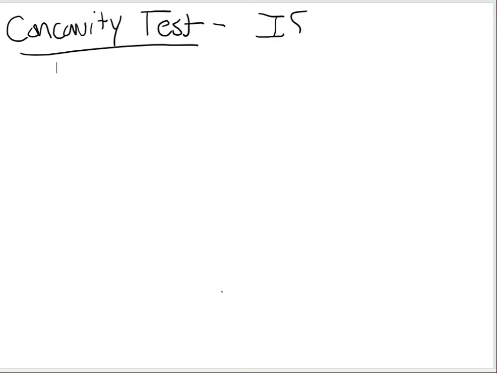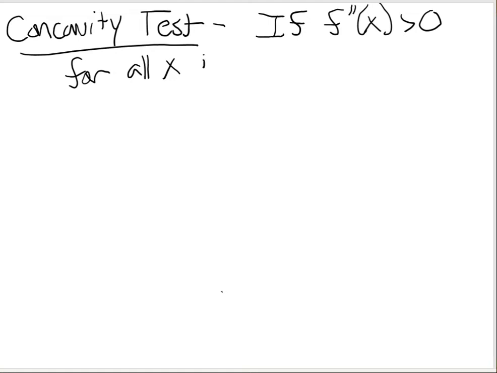If the second derivative is greater than 0 for all x values in an interval, then f is concave up.